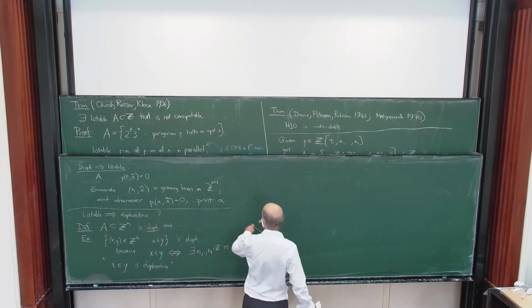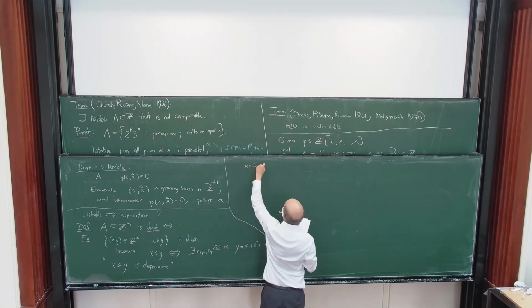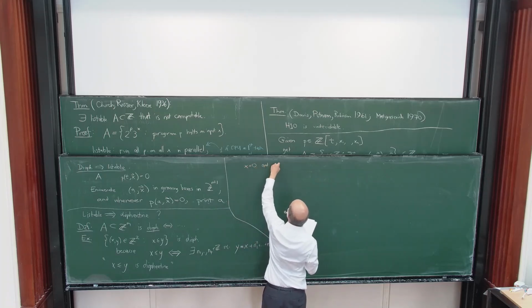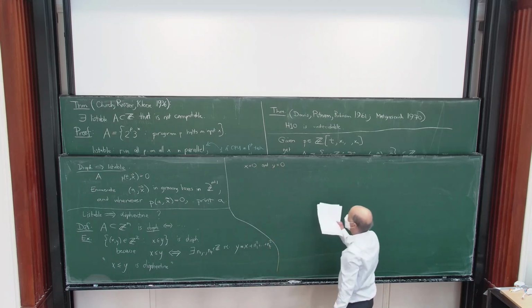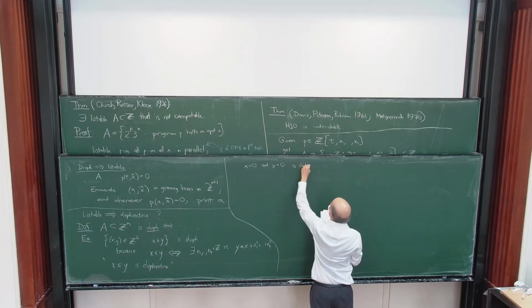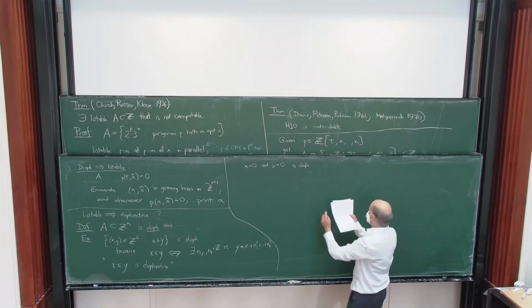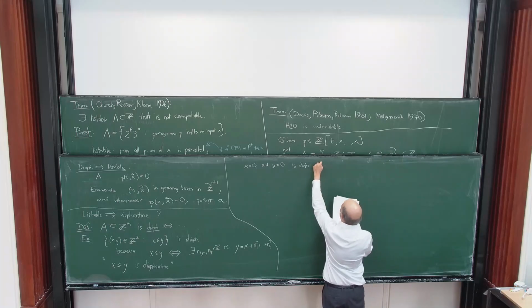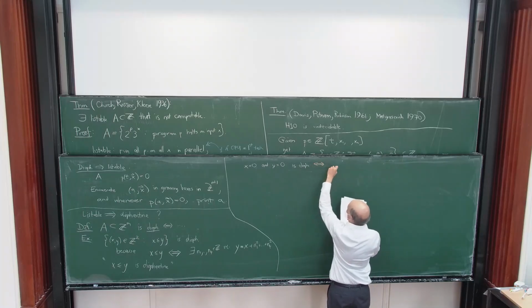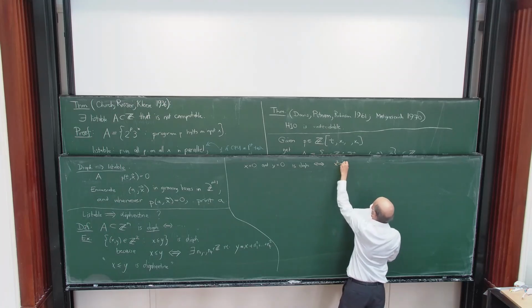And the other things you can do are, well, if you take the relation that says x and y are both 0, that's also Diophantine. In other words, the origin in Z squared is a Diophantine set, and that's just because that's the same as saying that x squared plus y squared equals 0.